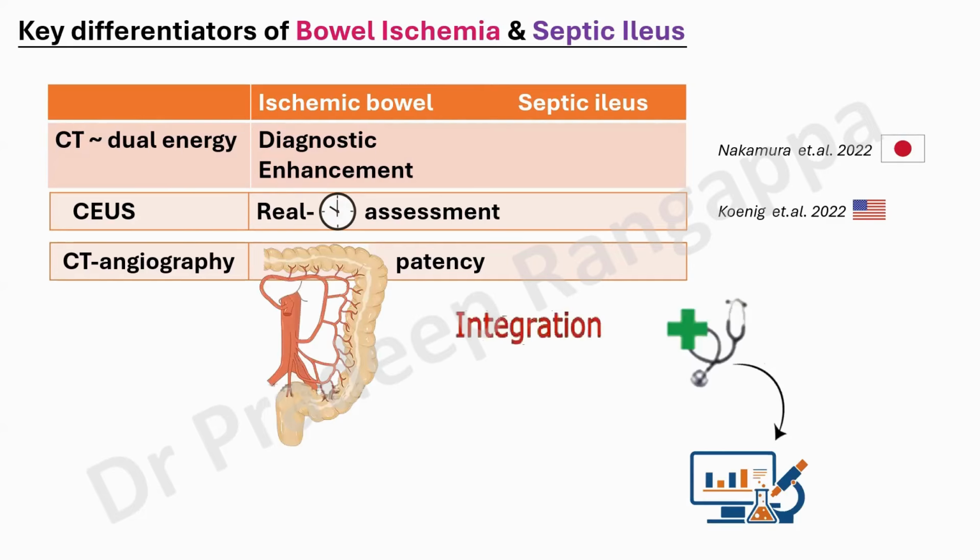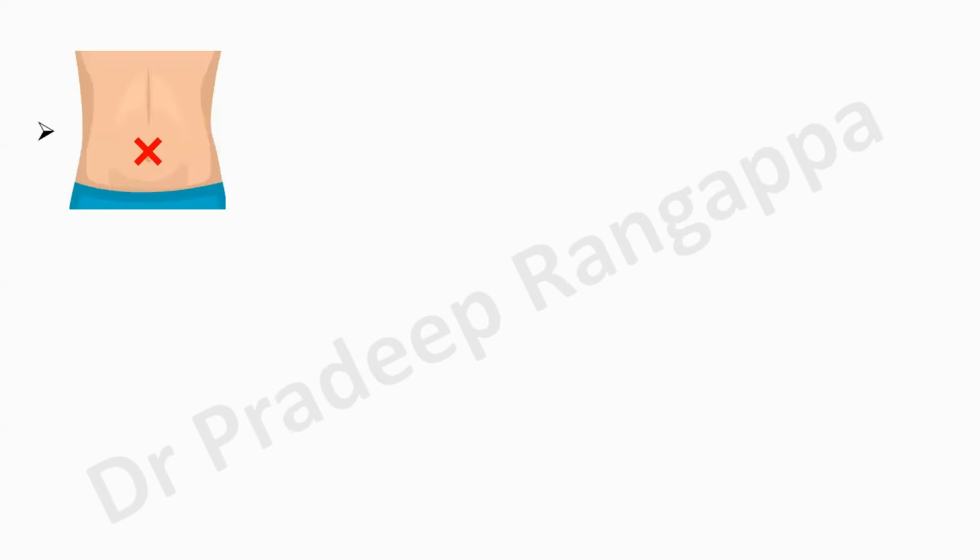So the key aspect, friends, is the integration of the clinical and lab parameters and imaging, which helps you clinch the diagnosis. There's no one golden rule, but the quintessence of establishing diagnosis comes from CT angiograph. So other markers can be used as an adjunct.